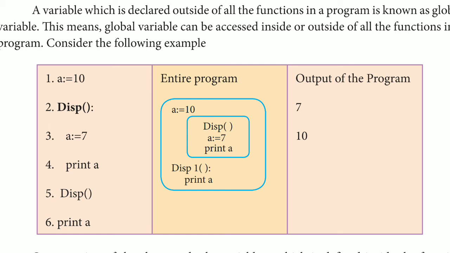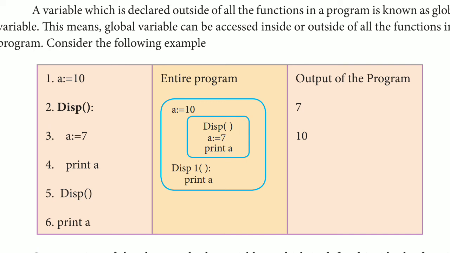The output of this program: when calling the disp function in the fifth statement, it assigns a is equal to 7 and prints it, so the first output is 7.